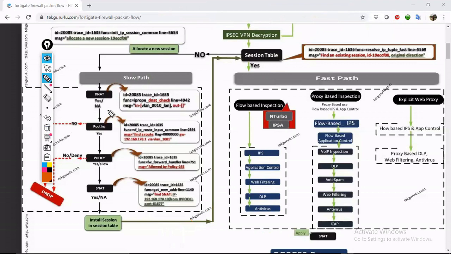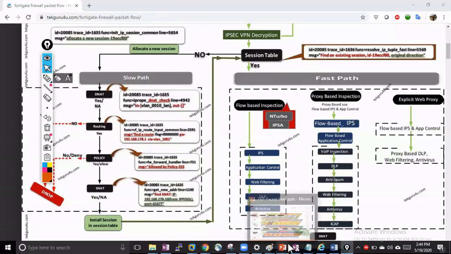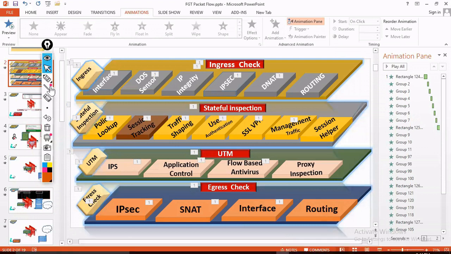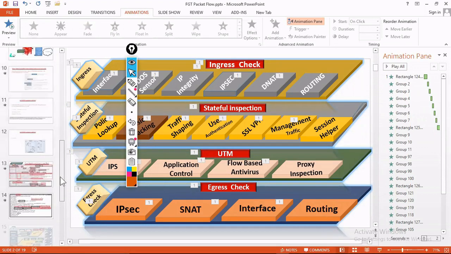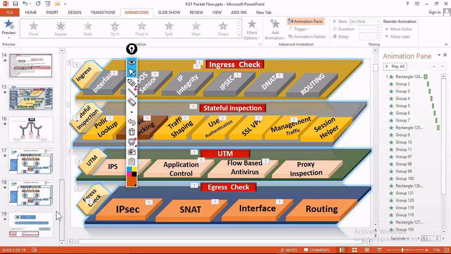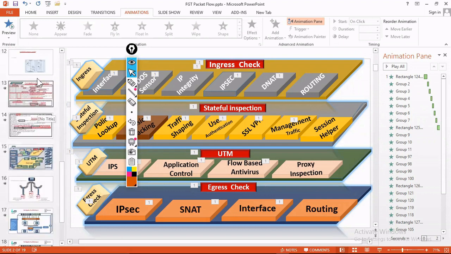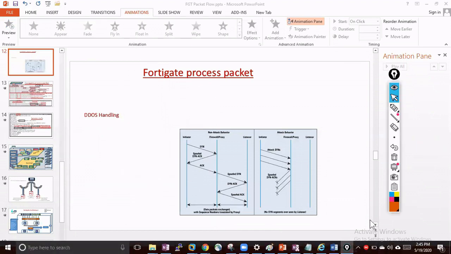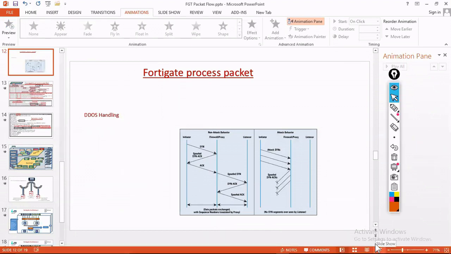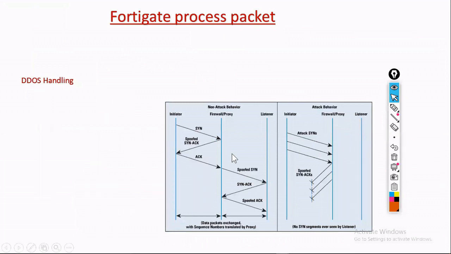What the firewall does, I will take you to the slideshow. I'll just give you the highlight. So this is SYN flood handling. This happens in the three-way handshake. A spoofed SYN packet came in, then SYN-ACK and ACK.